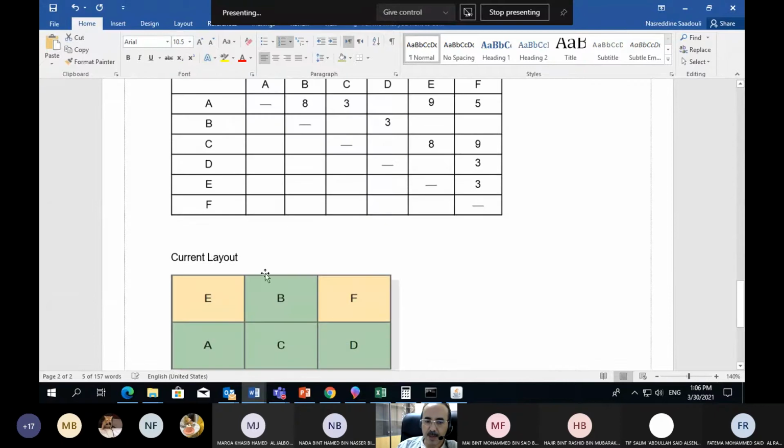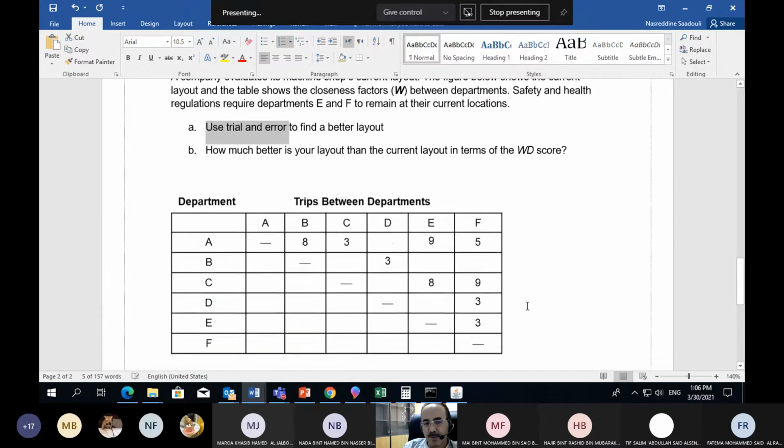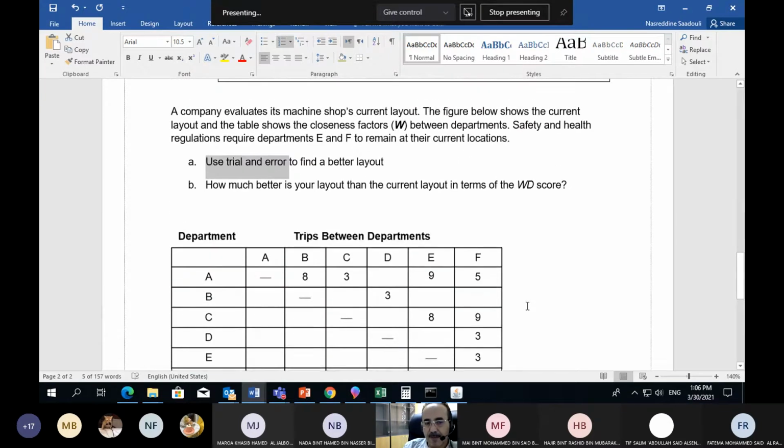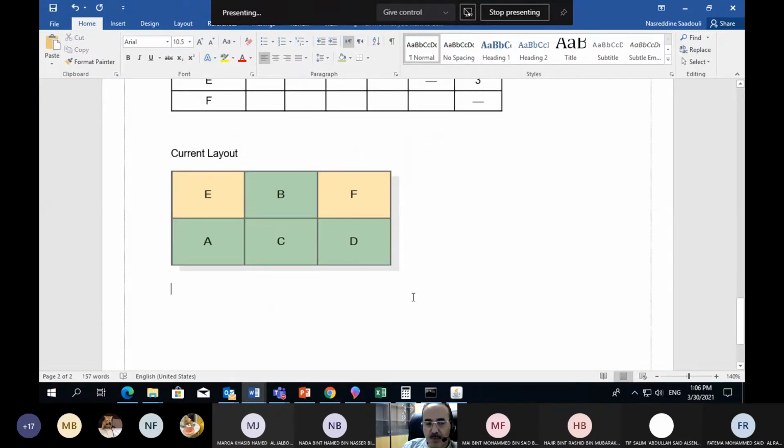We have a current layout, and we will try to come up with an alternative layout that could be a better plan. We want to find out if the proposed layout is better than the current layout in terms of the weighted distance score. So there are two things. We first need to find a better proposed layout or plan.